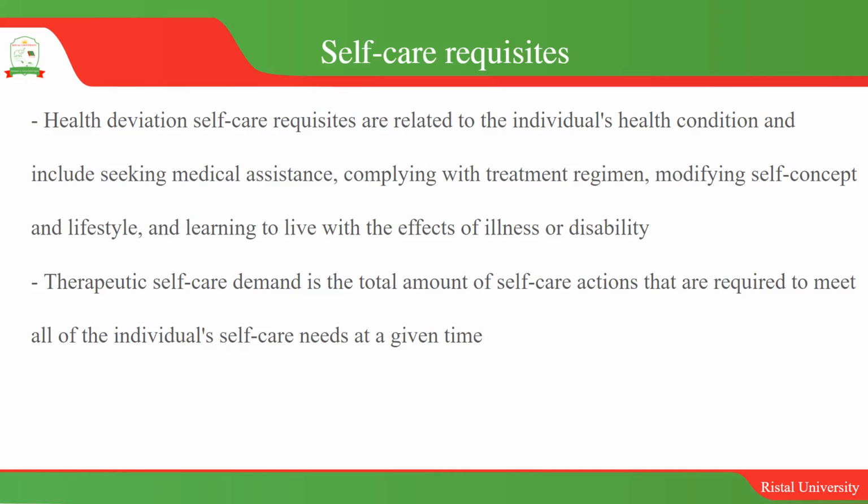So what has to be done is, of course, seeking medical attention, making sure that they comply with the treatment, and then also they need to understand themselves, the concept of self-concept, and then adjustment of lifestyle, and then learning to live with the effects of the illness or disability. So these are things that the nurse will be participating in.